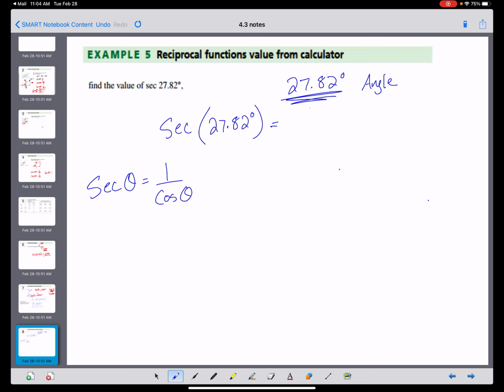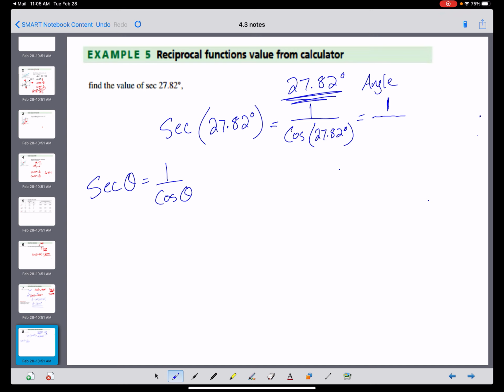So this is going to be 1 over the cosine of 27.82 degrees. You just put it in your calculator like that. I would really recommend making this fraction bar in your calculator by hitting the green button alpha, then y equals, and enter. It gives you a nice little fraction bar. Then you can put a 1 up here, and then you just type in cosine of 27.82 degrees.